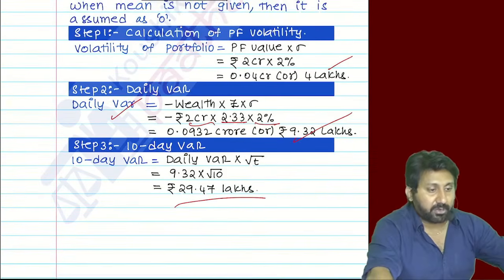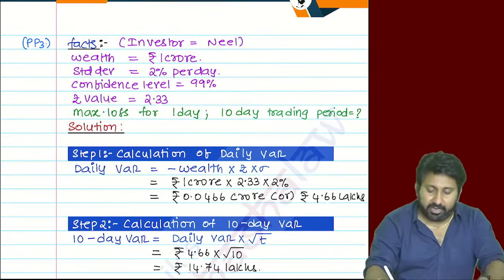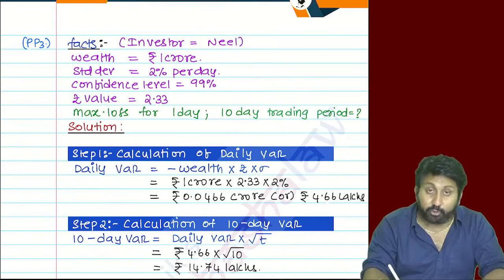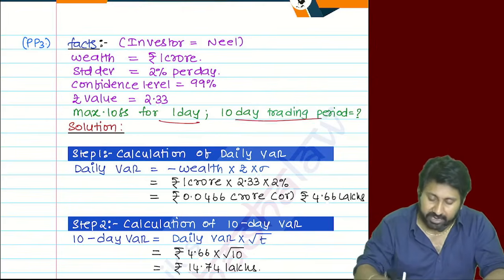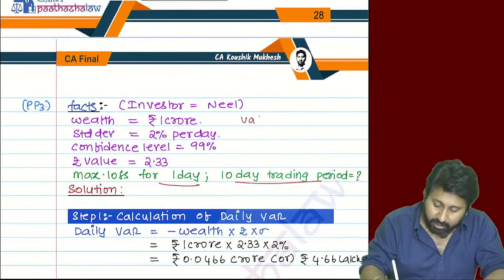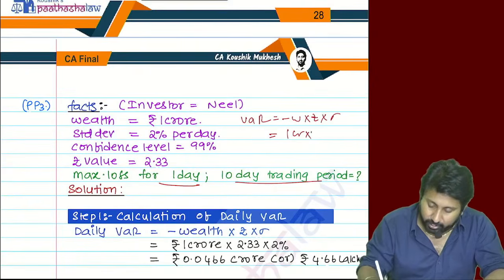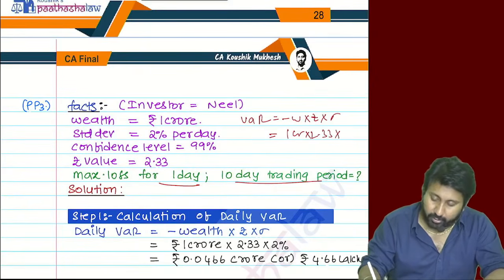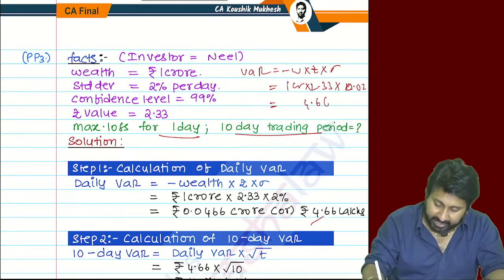Everyone, did you understand the concept clearly? Next one. Investor is Mr. Neil. Wealth 1 crore, standard deviation 2% per day, confidence level 99. Maximum loss for 1 day, VaR for 1 day and VaR for 10 days. VaR equals minus wealth into Z into standard deviation: 1 crore into 2.33 into 0.02, which is 4.66 lakhs.